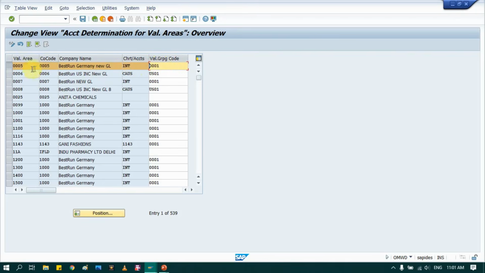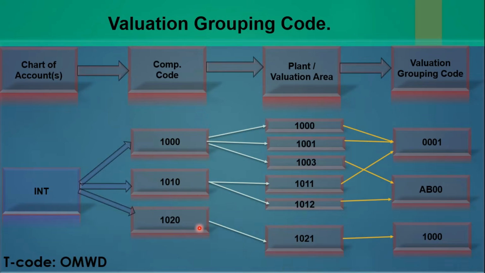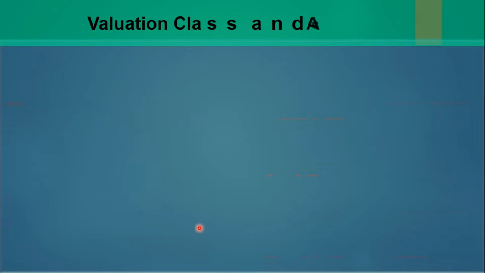You can see valuation grouping code 0001 is assigned to multiple company codes. It's just a code, it has nothing to do with anything later on, but here we assign it to use the same account determination for different valuation areas. That's it.